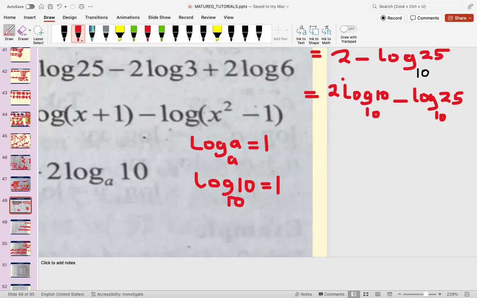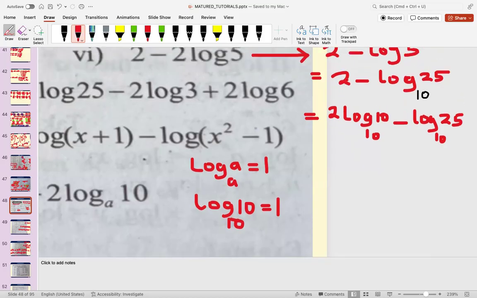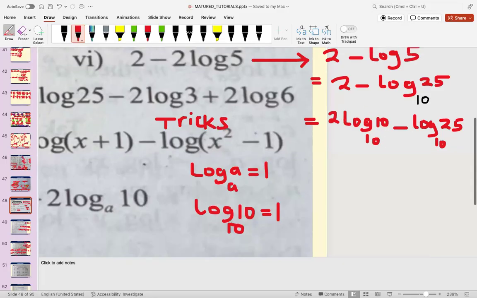So if it changes to 1, we'll come back to the 2. So that is the trick. We call this mathematical tricks. Sometimes you have to use some tricks to combine numbers. So log 10 is 1, so it's like writing 2 times 1, the same as 2. Yes, Festus, ask your question.